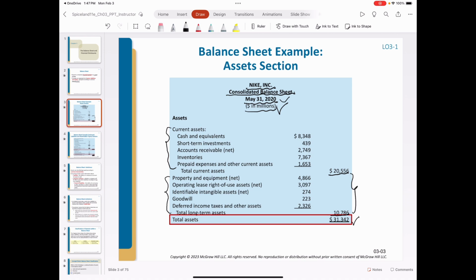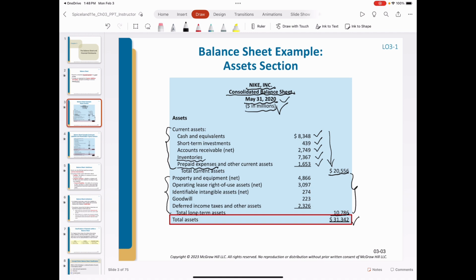The typical current assets include cash and cash equivalents, short-term investments, receivables, inventory, prepaid expense, and other current assets. Current assets are also reported in the order of reducing liquidity. The prepaid expense generally is less liquid than inventory.